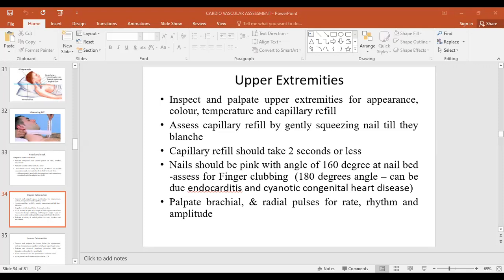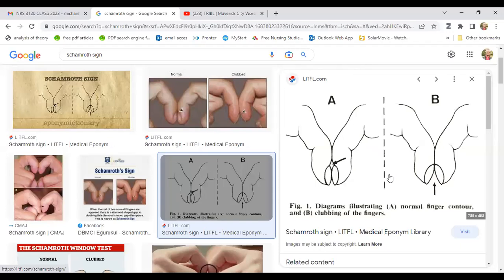So let's look at a few images on the web that can help us to identify finger clubbing. If you look at this picture here, let me just project it for you. Okay, so I'm sure you're now looking at the image.